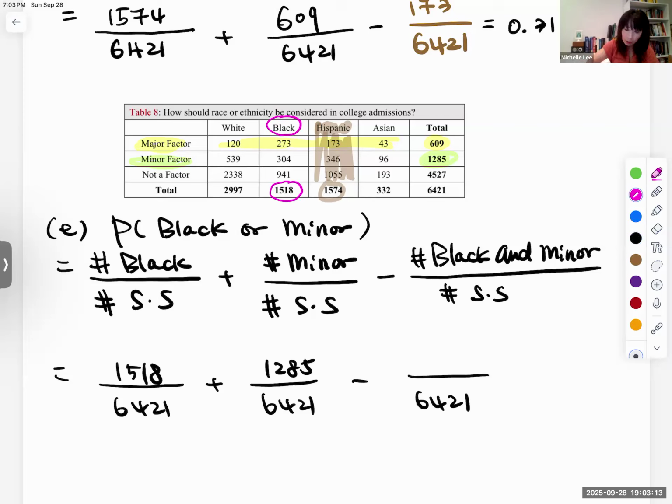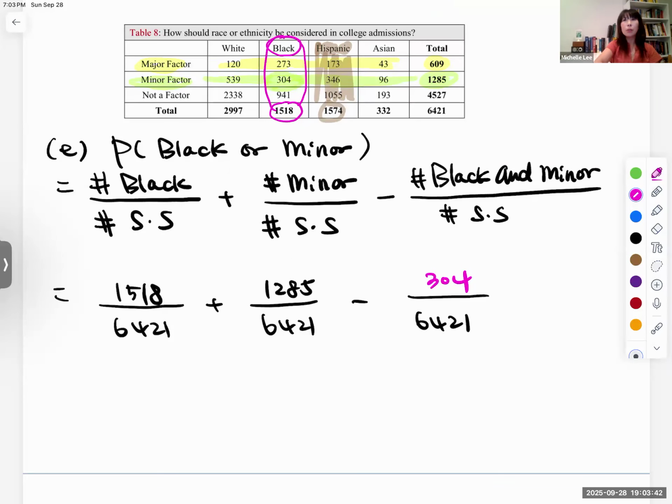Actually, that black total counted everything from here, right? And then we have a minor, counted everything, that row, right? So 304 counted twice. That column, this row, right? Twice. So we need to take it out once. So that is 304. Now, can you please calculate? So which is 0.3892. Thank you.